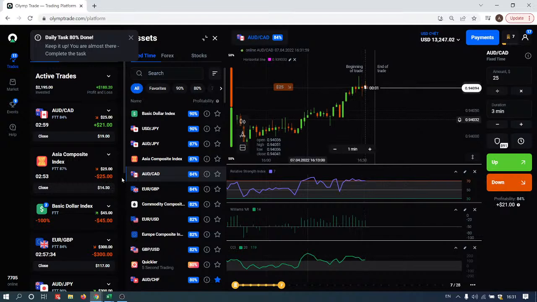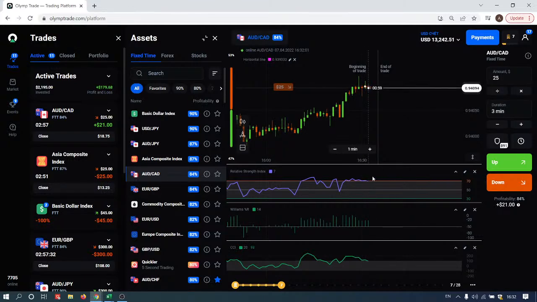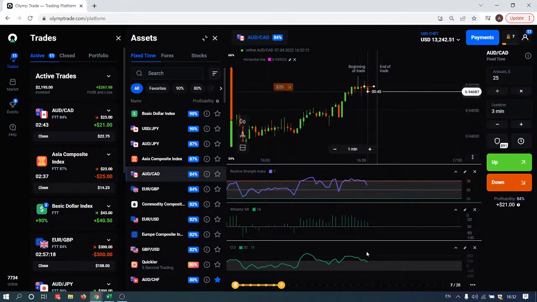Let's open a trade down, because we can see that the RSI was in the overbought area, and now it's coming back to the normal area, to the middle area. Also, the Williams %R is saying yes, open a trade down, and the CCI has also reversed, has also been declining.